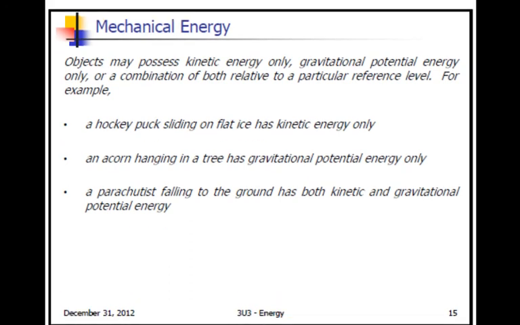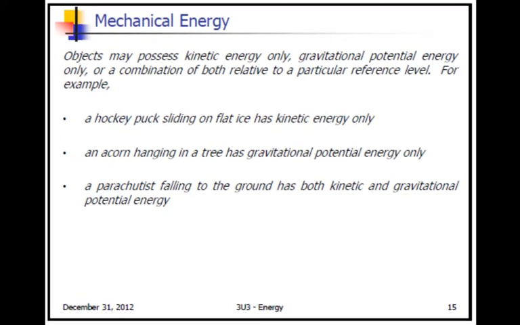So I talked about mechanical energy, but I haven't really defined it yet. So objects don't have either potential energy or kinetic energy only. They could, but they could also have a combination of those. So here's some situations. Let's say we have a hockey puck that's sliding on ice.